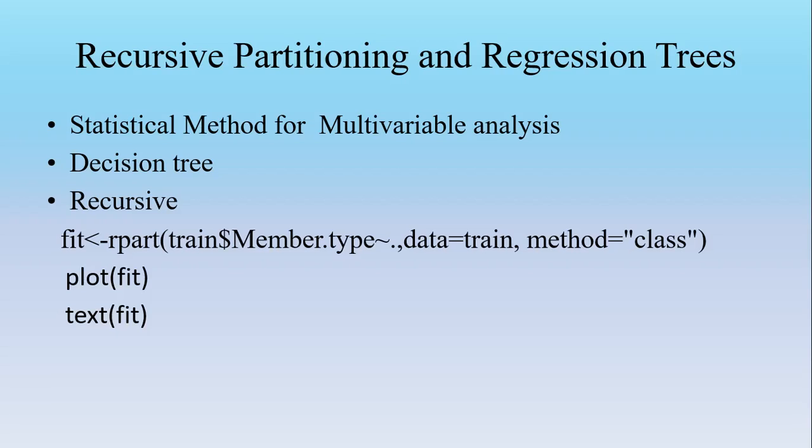Multivariable analysis is a subdivision of statistics encompassing the simultaneous observation and analysis of more than one outcome variable. Recursive partitioning creates a decision tree that strives to correctly classify members of the population by splitting it into subpopulations based on several independent variables.